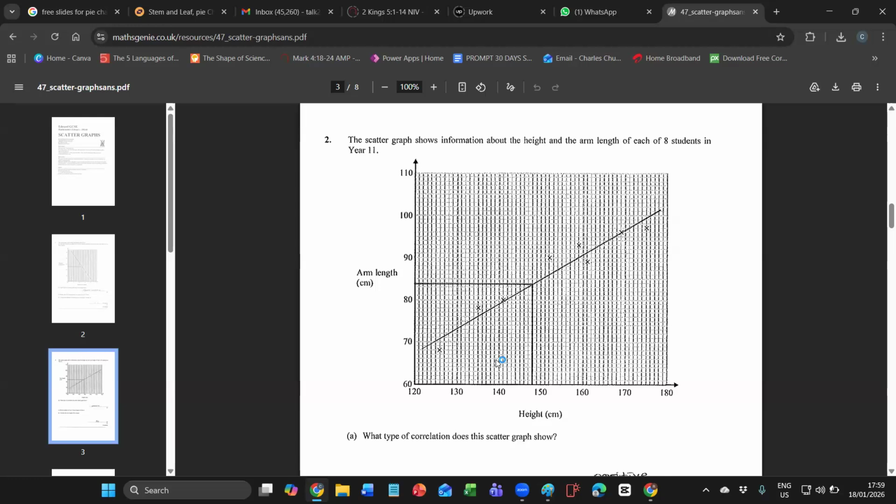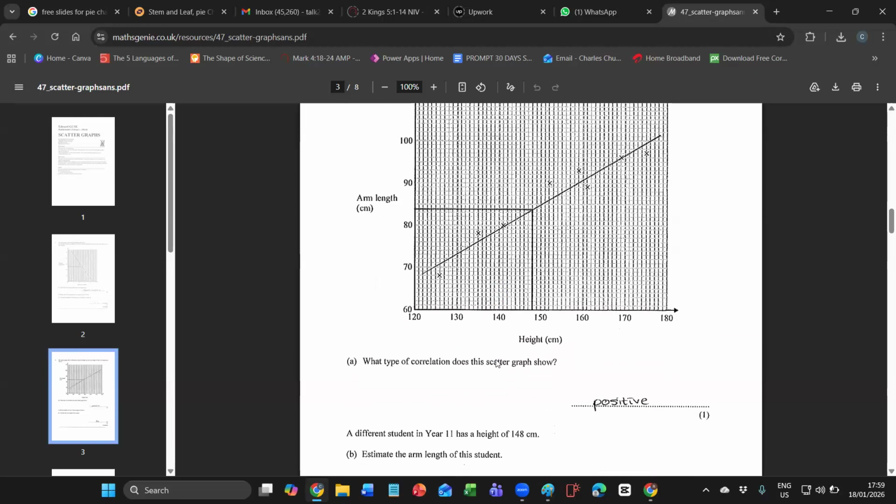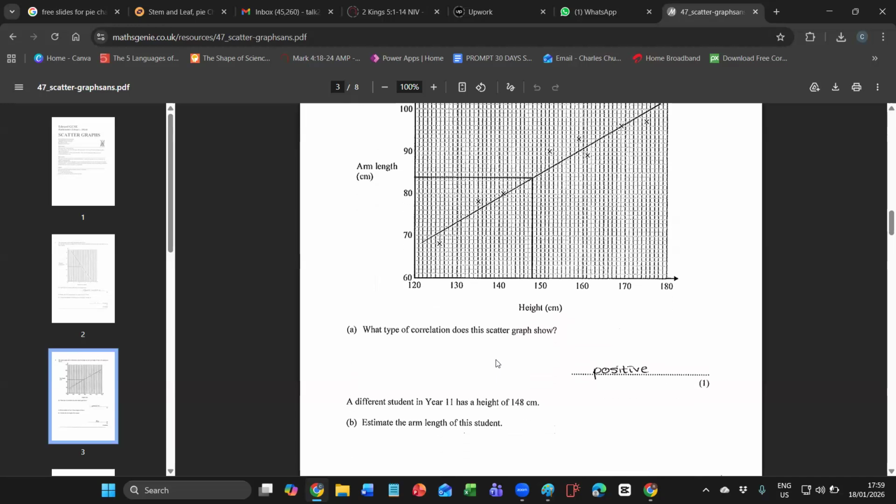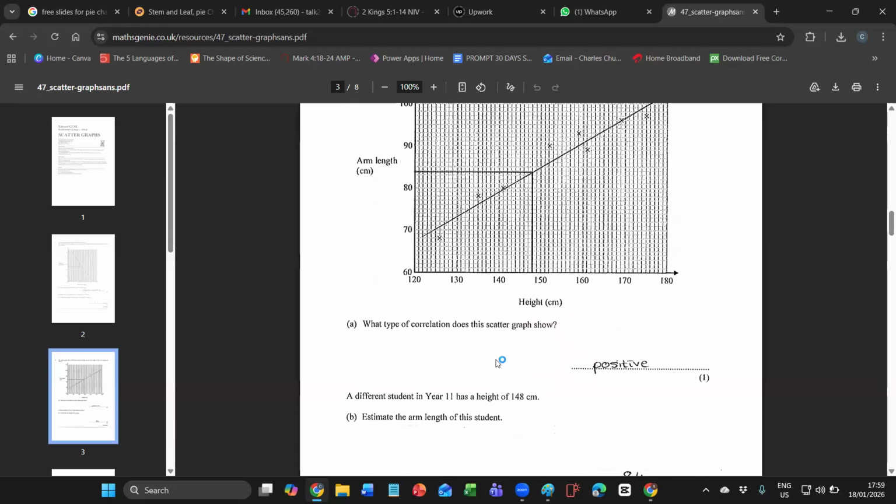Arm length in centimeters is graphed against height in centimeters. And this is what plays out. This one is a positive correlation, obviously. The question is, a student in year 11 has a height of 148 centimeters. All you now need to do is to go look for 148.